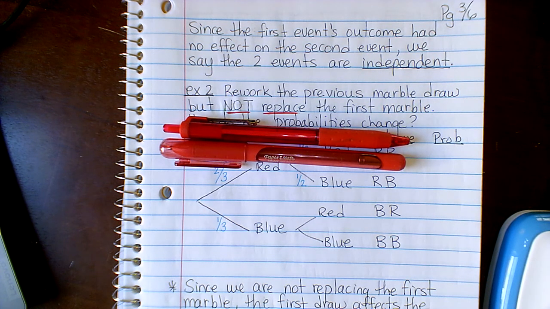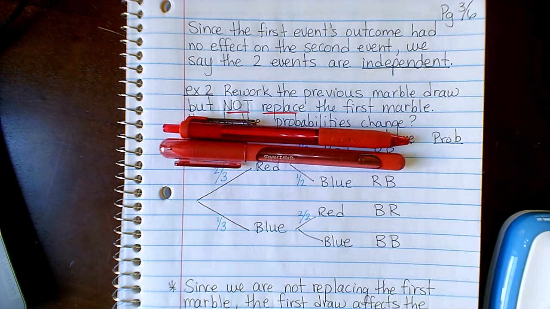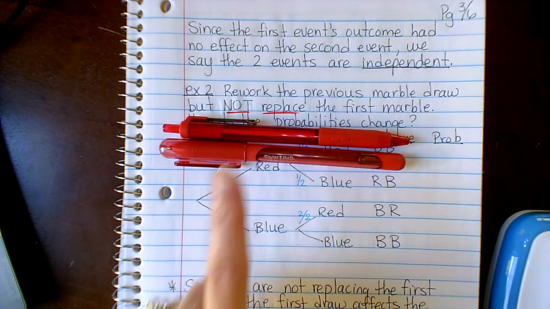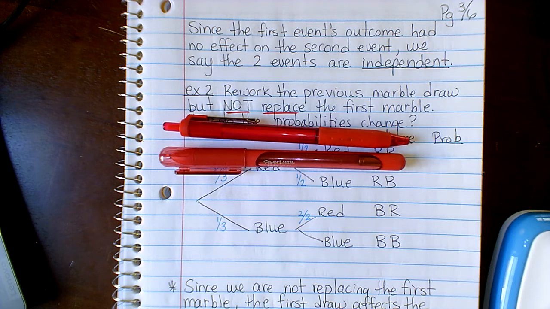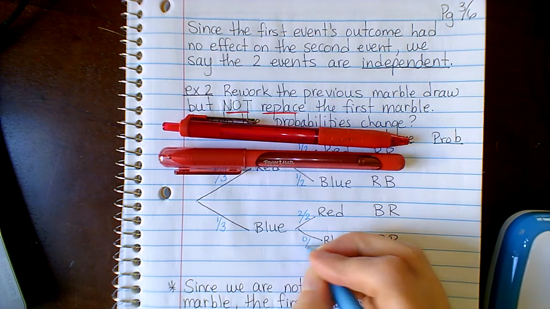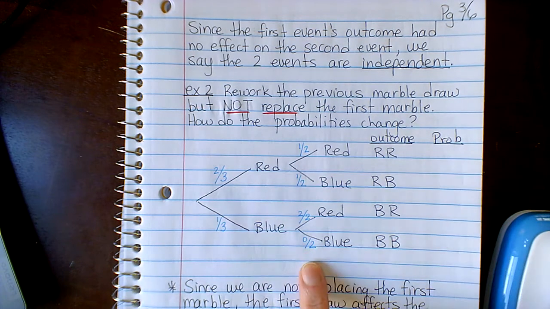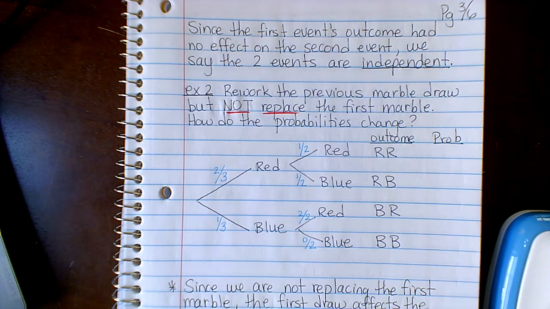There's 2 marbles, both of them are red, so that's 2 out of 2. What's the probability that I'm going to reach in this bag and pick out a blue marble again? That's not going to happen. There's only 1 blue. I've already picked it out and I didn't put it back. So this changes because of this whole not replacing business.